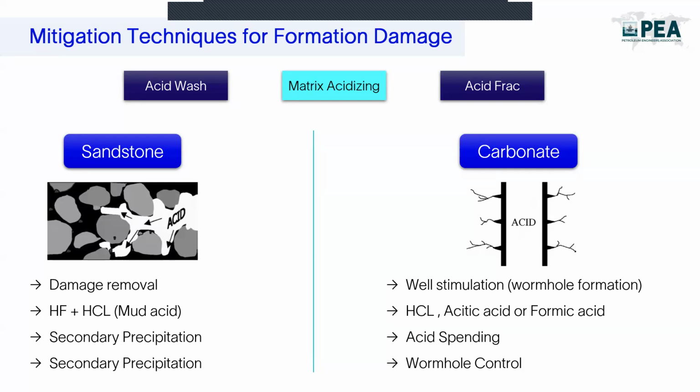So these are the mineral composition of the sandstone. And also, as I said, the clay minerals can contribute to formation damage either by swelling or fines migrating and blocking the pore throats.